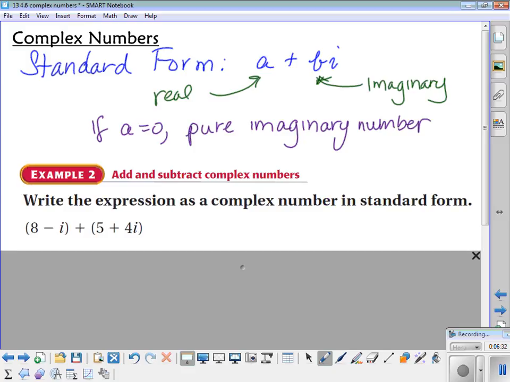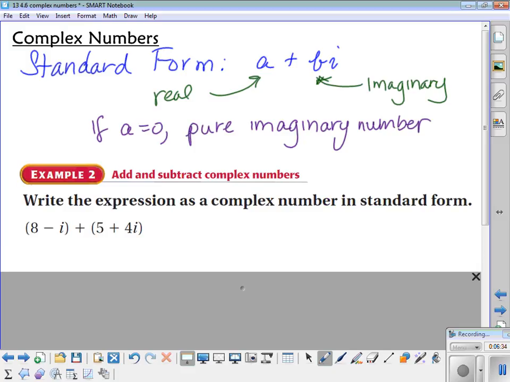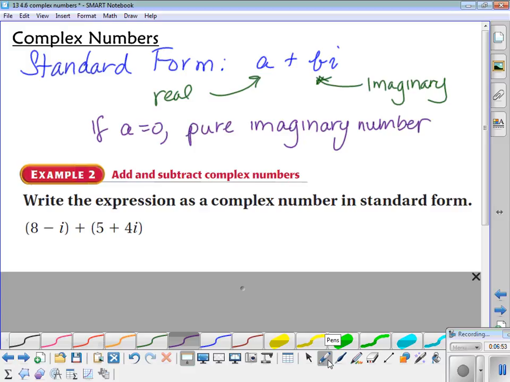So when we have complex numbers, we can add and subtract them, just like we add and subtract real numbers, or add and subtract expressions with variables. You basically combine the real parts, and combine the imaginary parts. So if I look at this first one, I've got 8 minus i plus 5 plus 4i.